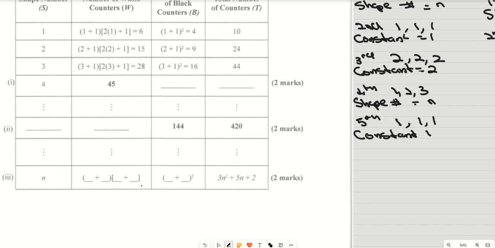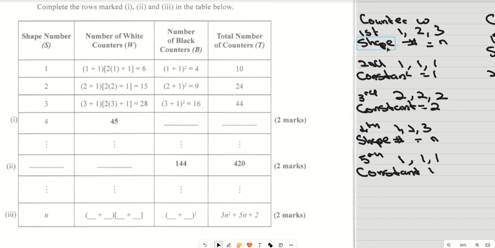Okay, guys? So we know that when your shape number is equal to n, looking at this, this would be n. Your second term is a constant, so it's n plus 1. Let me just fix this up. This, yeah, n plus 1, right? This one here is supposed to be 2 by n, or 2n, I should say, right?